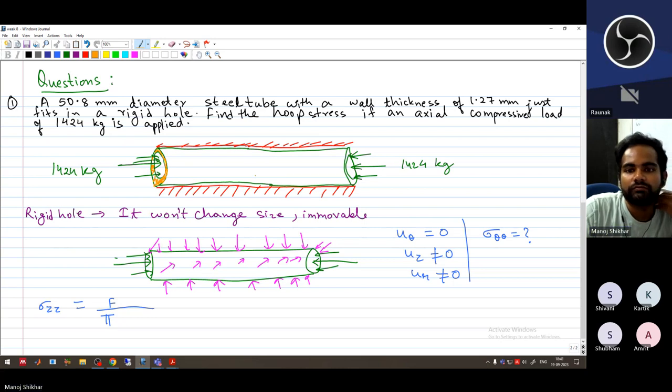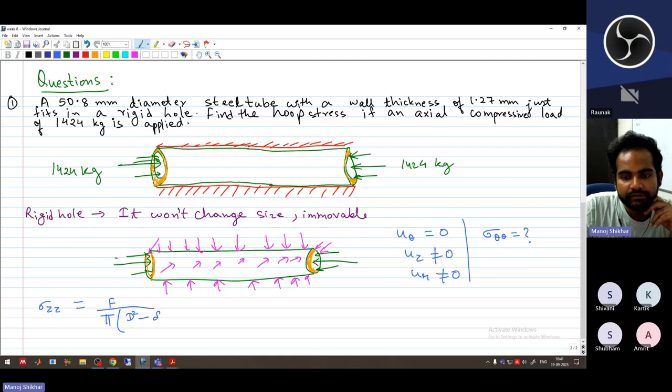So the area of the tube is pi times capital D squared minus small d squared, divided by 4.